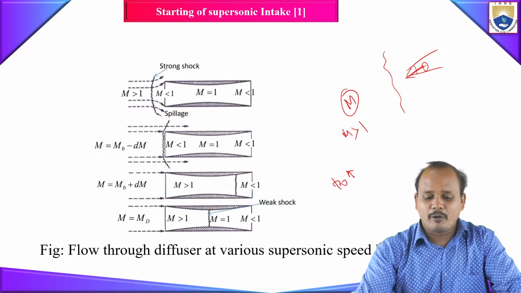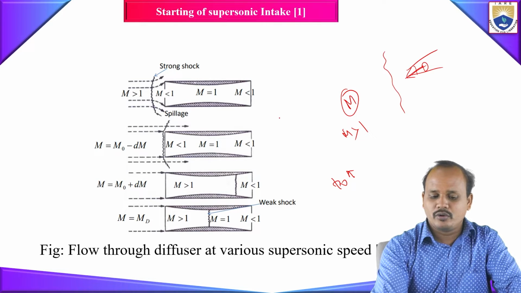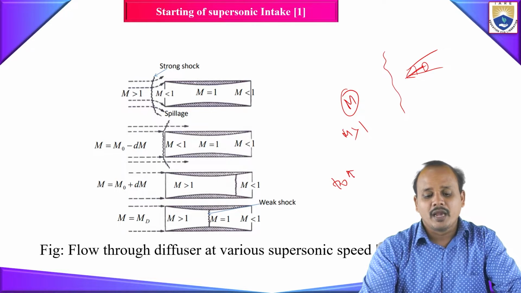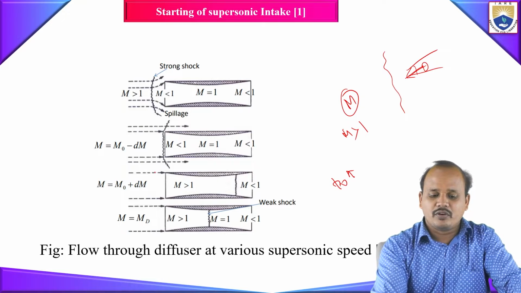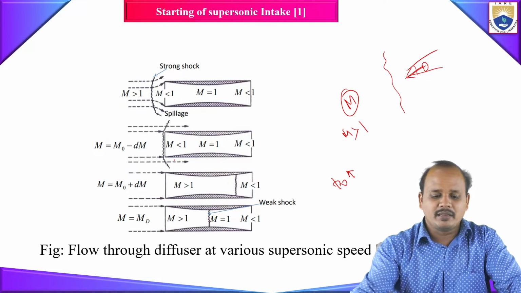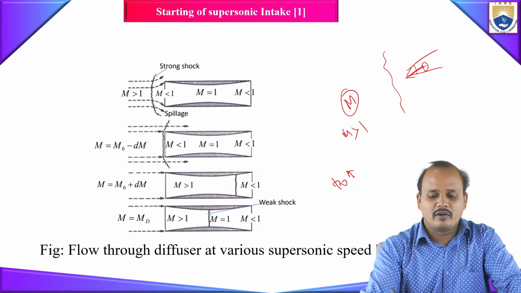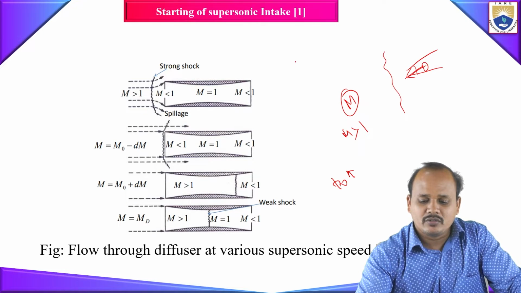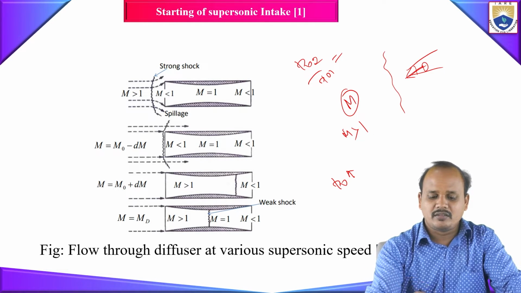For that corresponding Mach number, this shock wave is pushed towards the intake, and this normal shock wave is forming exactly at the lip of your intake. Since it is forming exactly at the lip, there won't be any spillage. But the problem is that the shock wave forming there is very, very strong. So you will have a huge amount of total pressure loss, which will reduce your pressure recovery factor P02 by P01. This also we don't want.